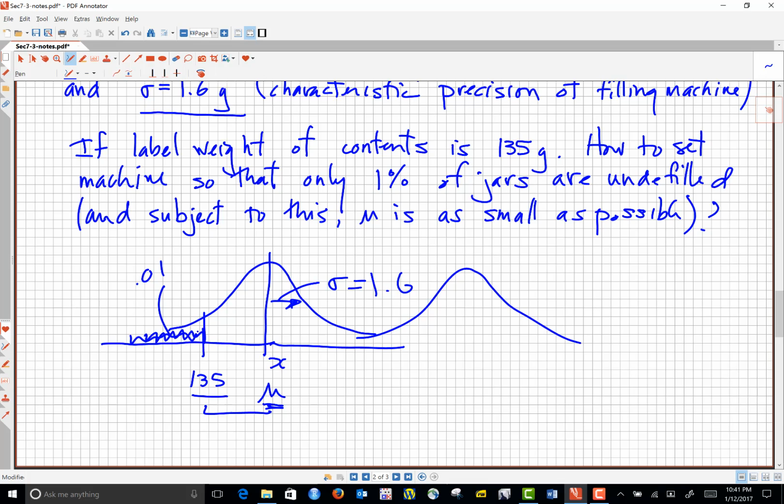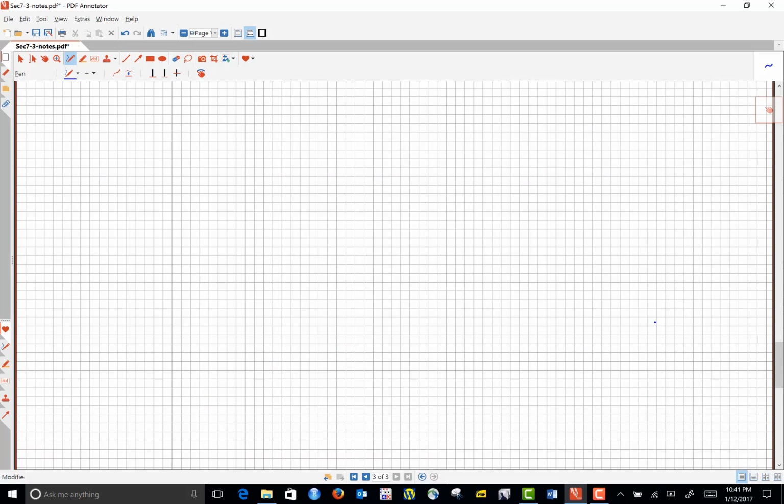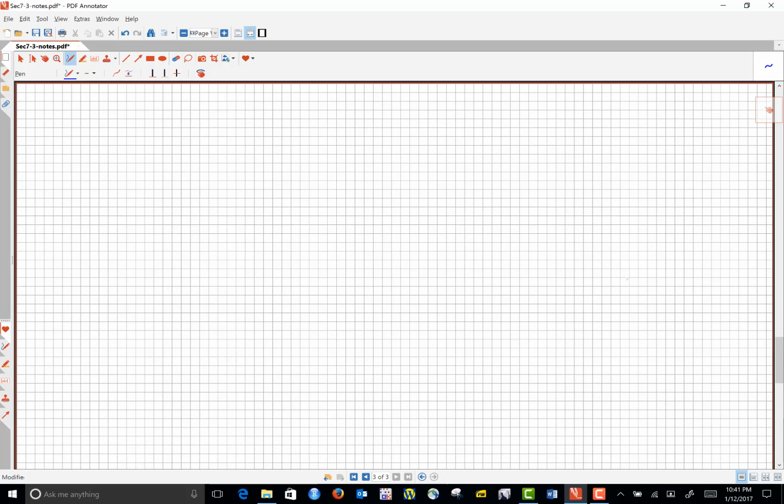Well, here's the way that I think. I think to myself that a standard normal distribution, if I draw a standard normal curve here, if I want 1% in the left tail, that's 0.01.